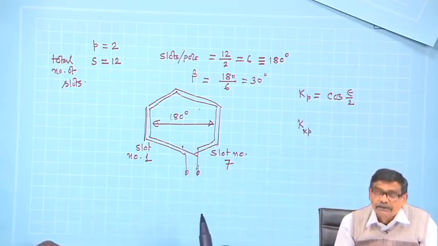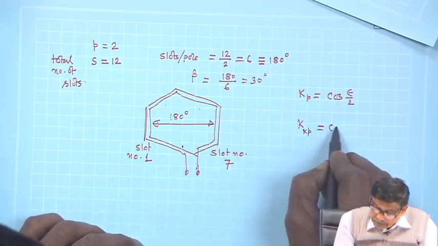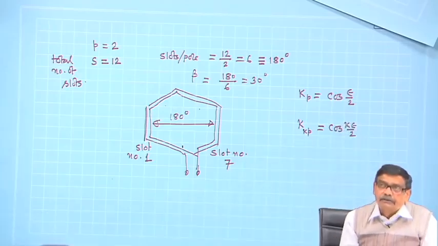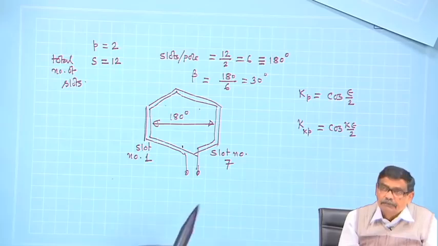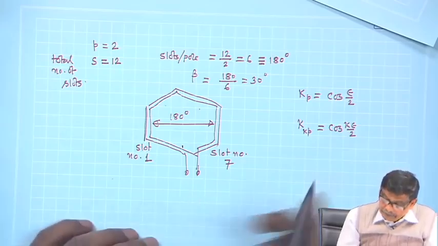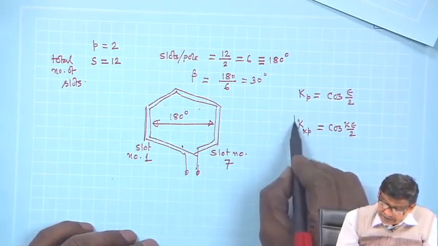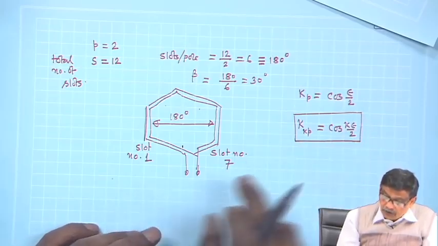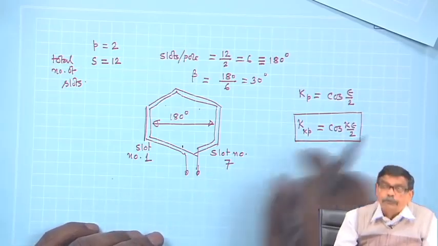Replace epsilon by k epsilon by 2, that is all. Electrically it will be much more now. Therefore, this is the pitch factor for kth harmonic.